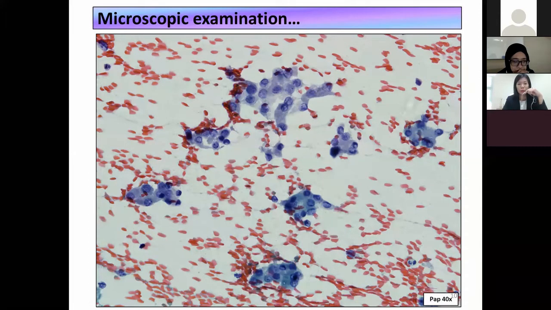It shows these pale neoplastic cells with pale nuclei, right? With very weak nuclear grooves, very weak, but in other areas you can't appreciate that. So they have abundant granular cytoplasm, right?